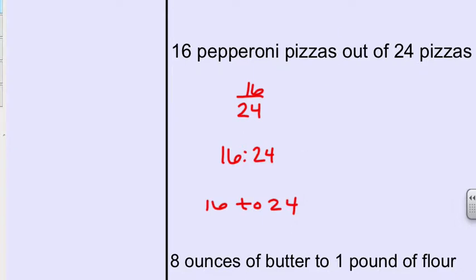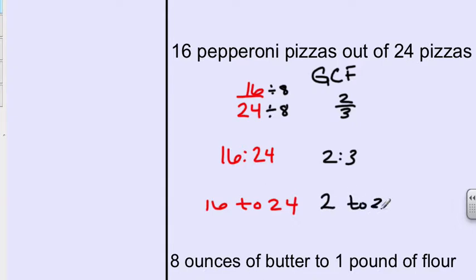What goes into both 16 and 24? What is the greatest common factor? I'm going to go with 8. Divide both of these by 8, and I will get 2 to 3 here, and the same here, 2 colon 3, and 2 over 3.